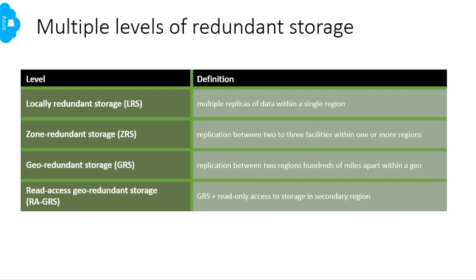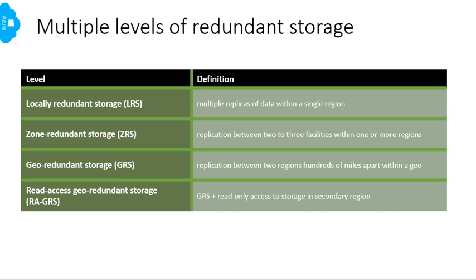These are the options available against the storage within Azure. There are multiple levels of redundant storage: locally redundant, LRS; zone redundant, which is within a region; geo redundant, across different regions; and then read-only geo redundant. The first one, LRS, keeps multiple replicas of data within a single region, like UK West or East Coast.